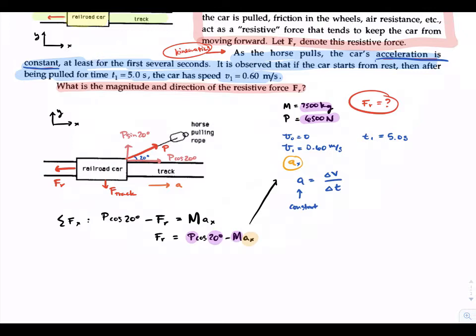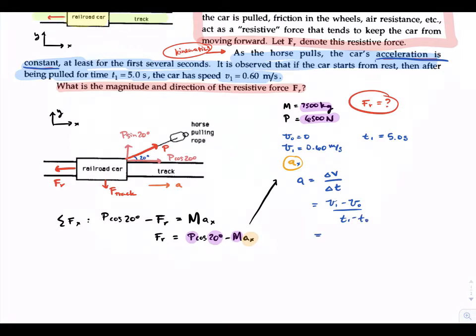So when we solve for acceleration, let me clean this up a little bit. When we solve for acceleration, what we find is we have v final, which is v1, minus v initial over t1, because t initial should also be 0, so we could write it like that.